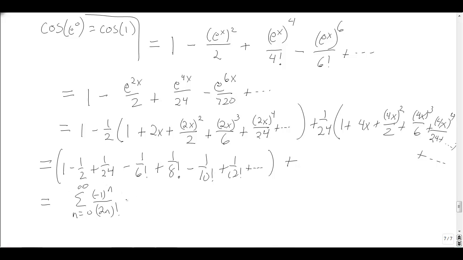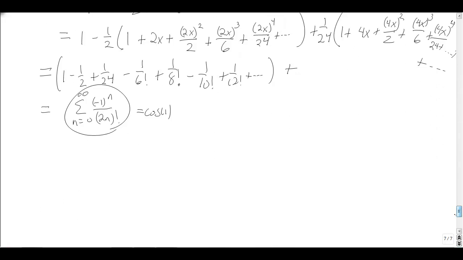If you think about it, this series is just cosine of 1. So our constant term is cosine of 1, which we should expect because when you plug in 0, you get cosine of 1. So all this constant term business is cosine of 1.